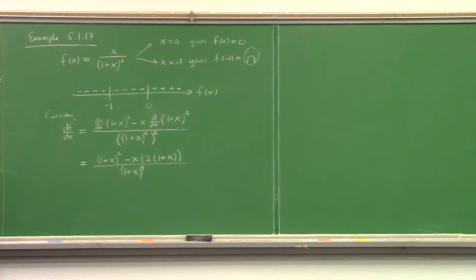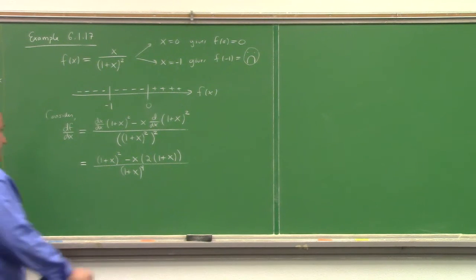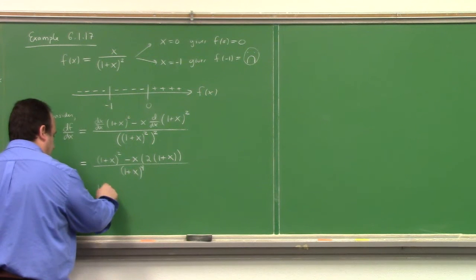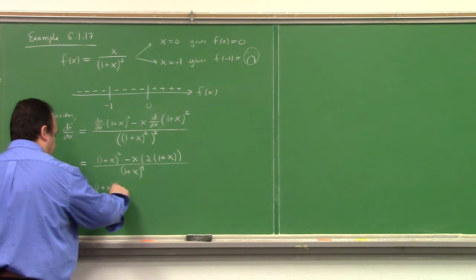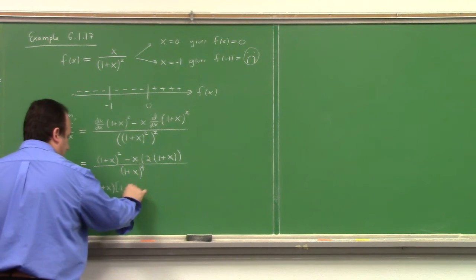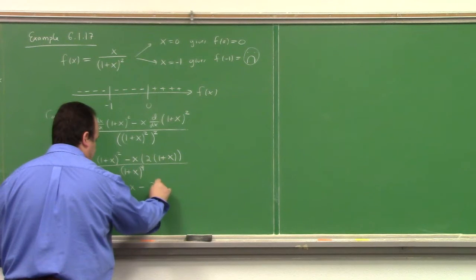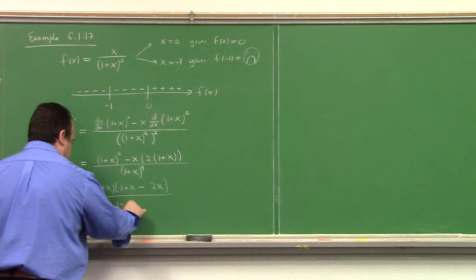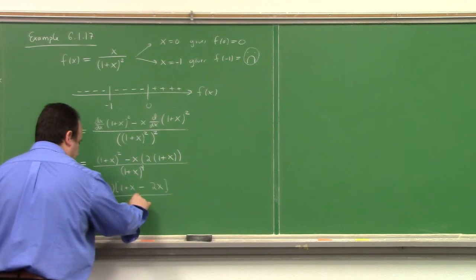So we're doing analysis past the point of the differentiation. It's in our vested interest to simplify if possible. I would point out here, there's a common 1 plus x upstairs that we can factor out, right? So this is (1 plus x) times ((1 plus x) minus 2x), divided by (1 plus x) to the fourth power.